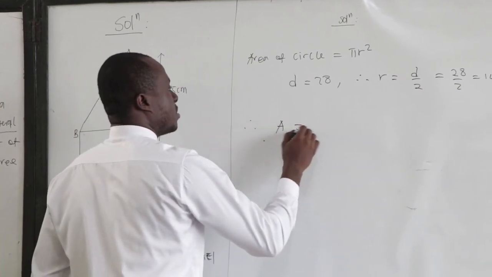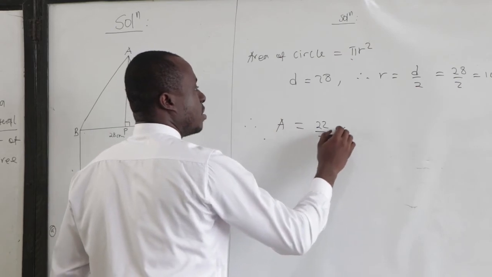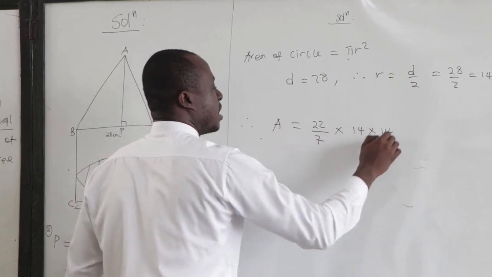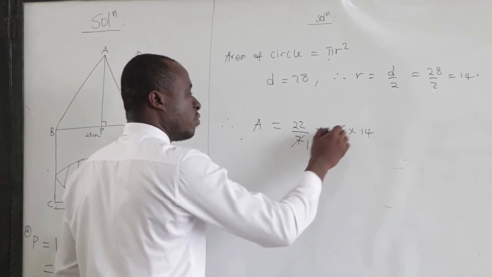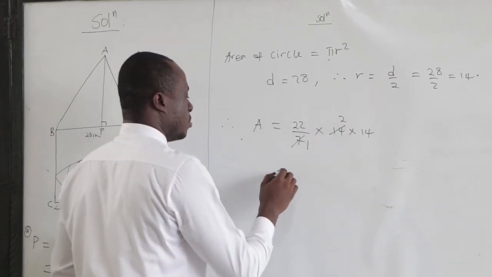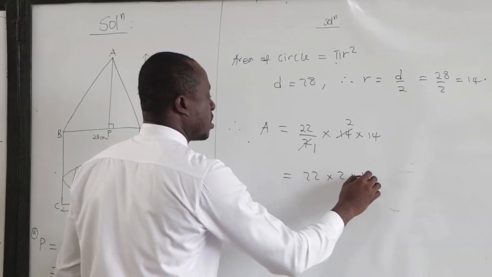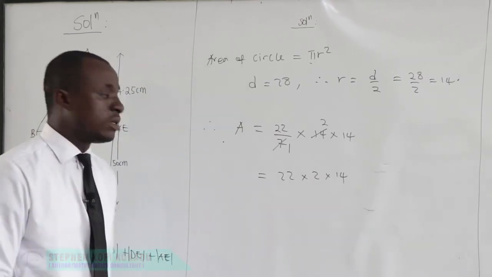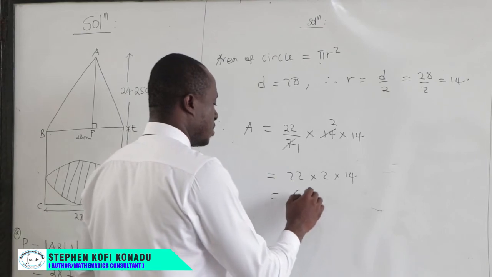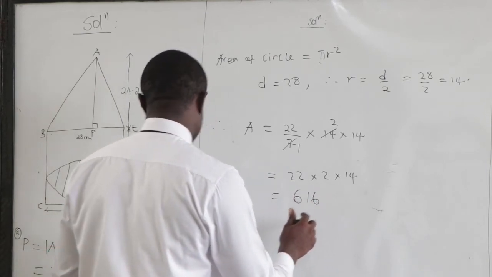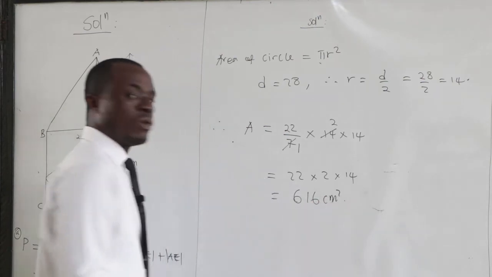The area of the circle is pi, which is 22 over 7, times 14 times 14. 7 will go into 14 two times. So we have 22 times 2 times 14. 22 times 2 is 44. 44 times 14 gives us 616. And the unit is centimeter squared.